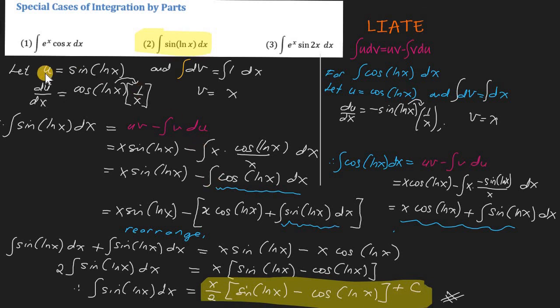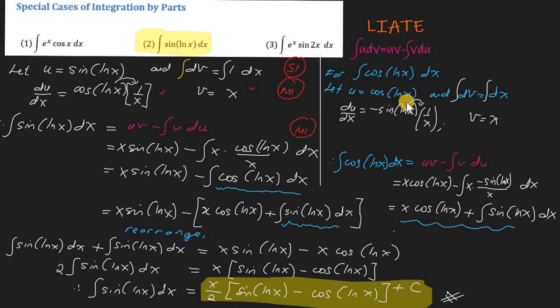Let's give a mark for it. So the first mark, here again we are to choose the correct u. The u cannot be an algebra. The u will become the trigonometry for it to work. So the LIATE does not apply here. And then we are to differentiate and integrate correctly and into the formula.